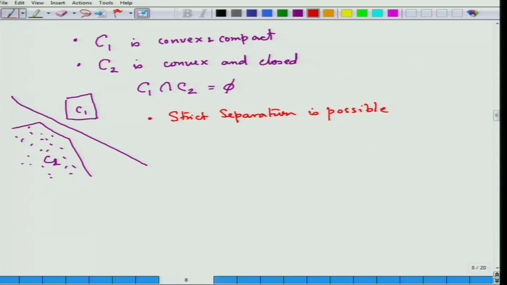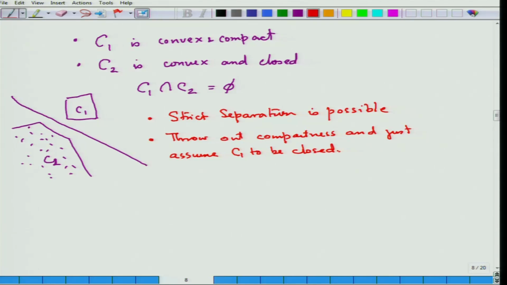Now, you might ask the question, okay, if I throw out compactness from C1, and just assume C1 to be closed, is strict separation holding?